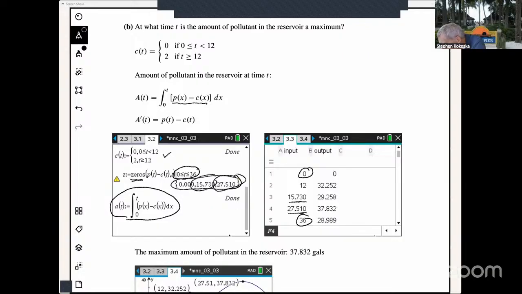But then there's this funny number 12 in here as a value of t. Why is that 12 in there? Why should I evaluate this function A at t equal 12? What's going on there? Any ideas, Curtis, for 25 bonus points?